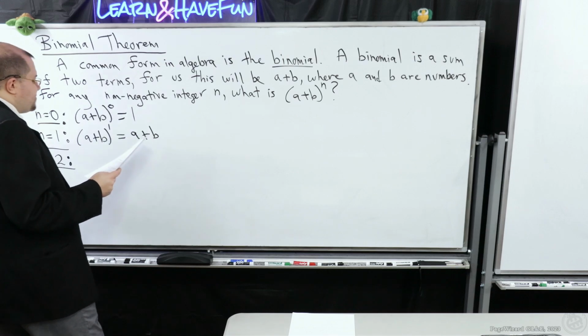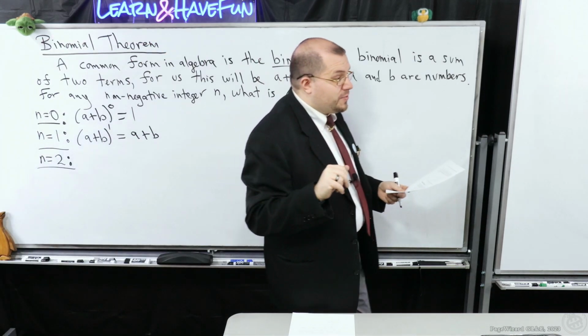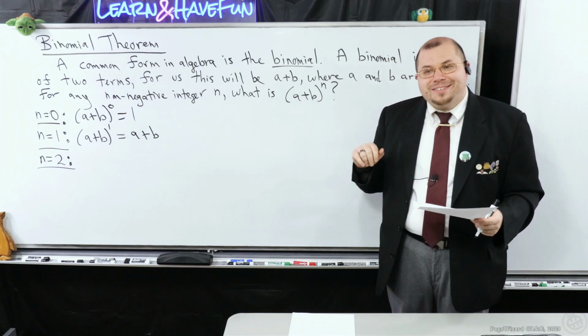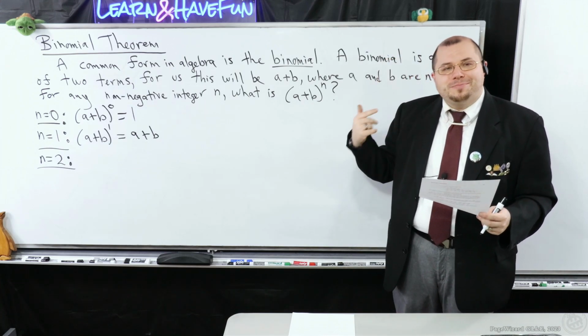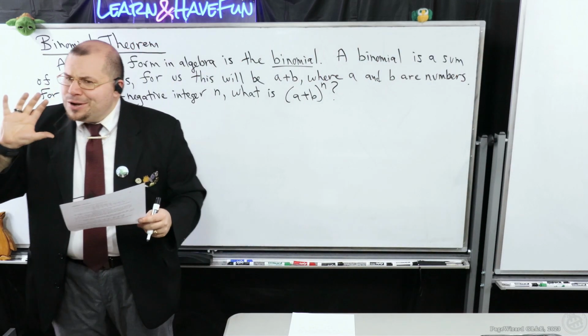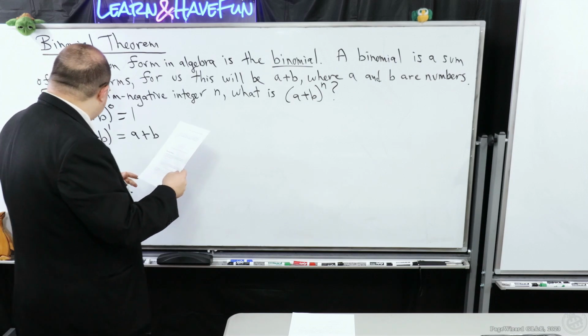Now, I want to re-explore something. You may or may not have heard of this before. You may have learned it in grade school, possibly. It's a helpful way of remembering how to multiply binomials. So just think of this first as an aside, and then we'll work to answering this question.